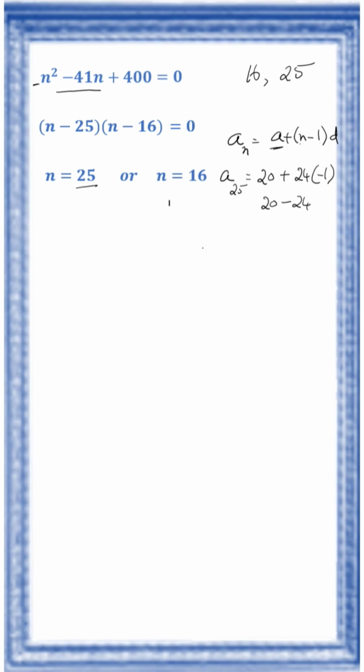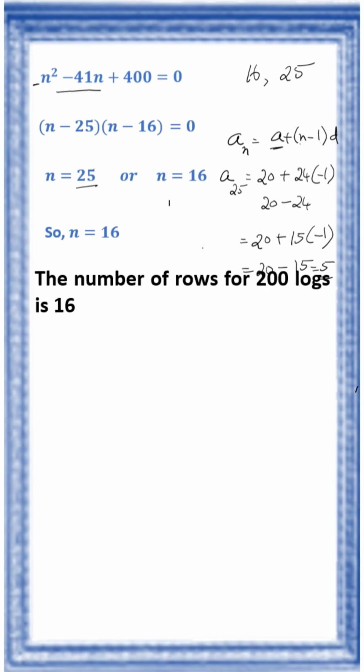So n is not equal to 25. n is equal to 16. If you want, you can check like this. 16 minus 1 is 15, 15 into negative of 1, 20 minus 15. a is equal to 5. There are 5 logs in the topmost layer. So n is equal to 16. So the number of rows for 200 logs is 16, not 25.